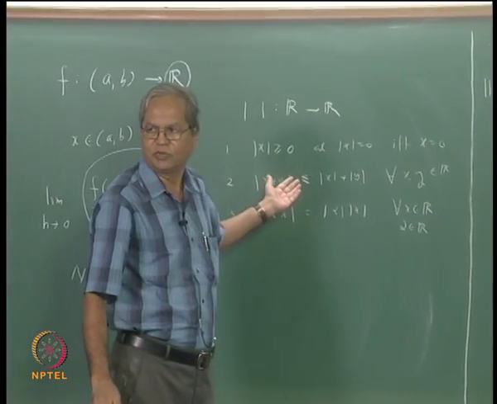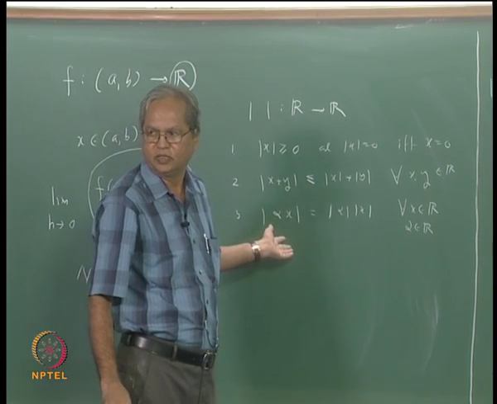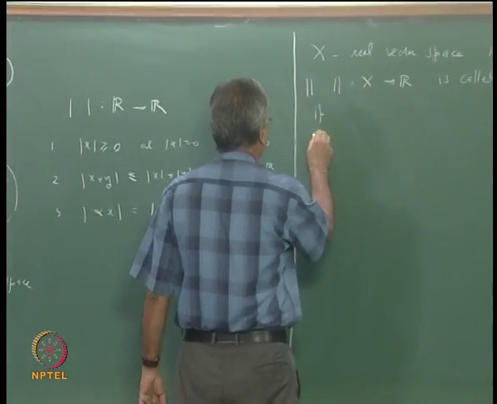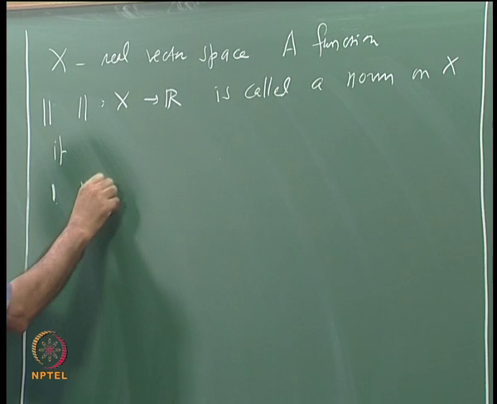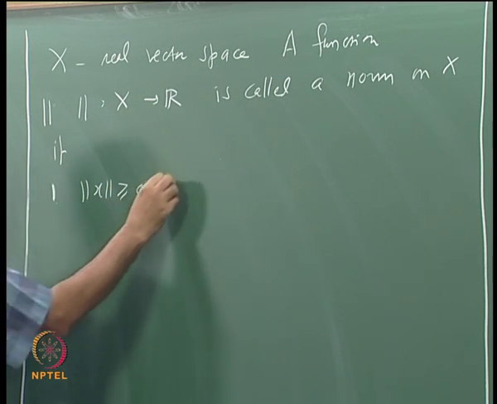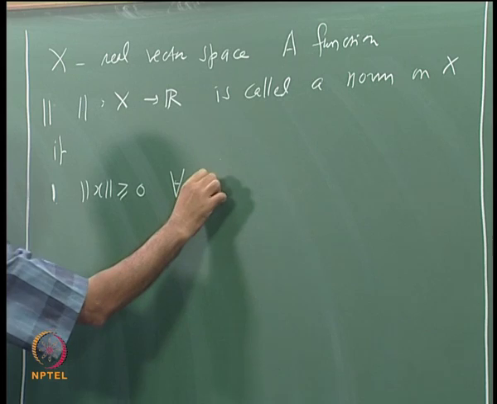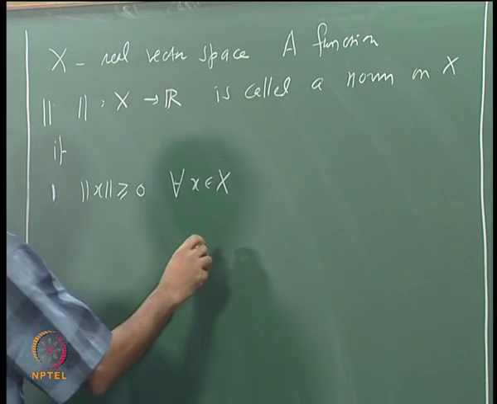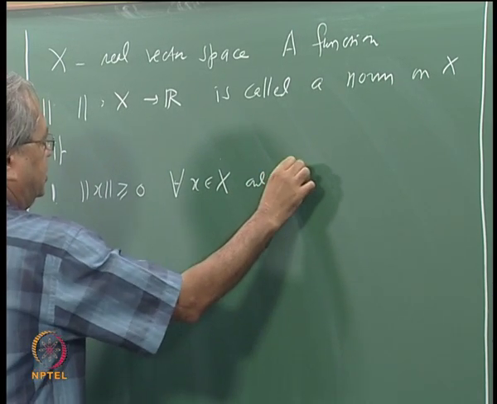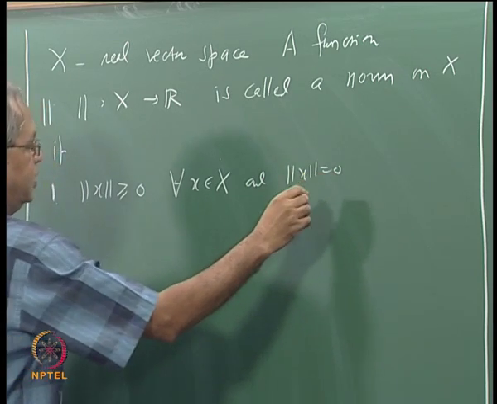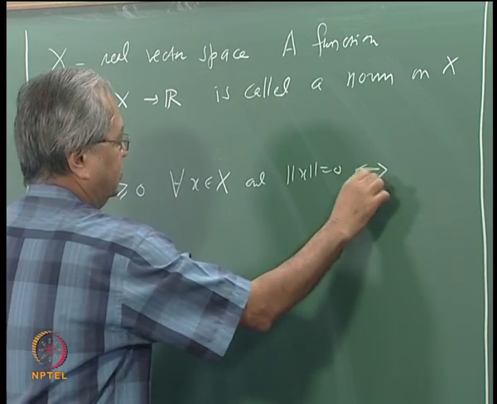Wherever I have written here absolute value, you replace that by norm. So first property is that norm of x is bigger than or equal to 0 for every x in X, and it is equal to 0 if and only if x is equal to 0.